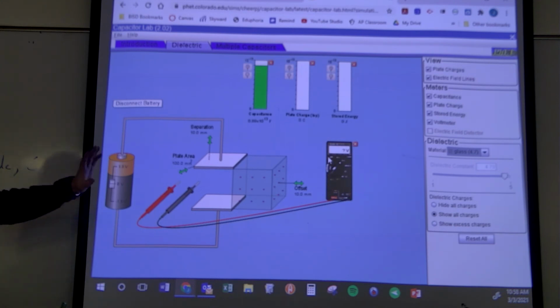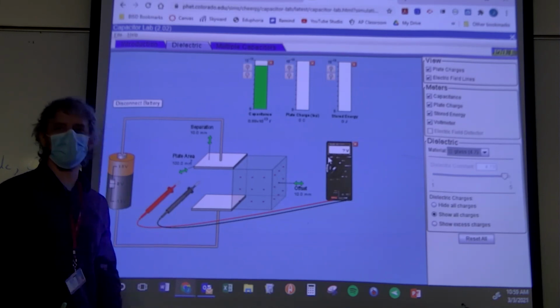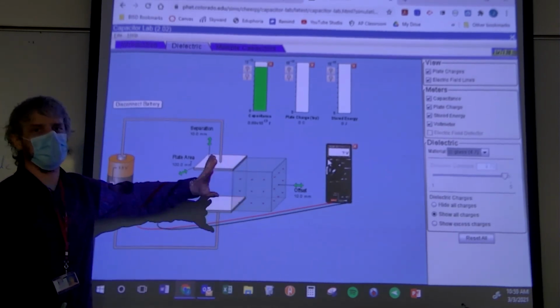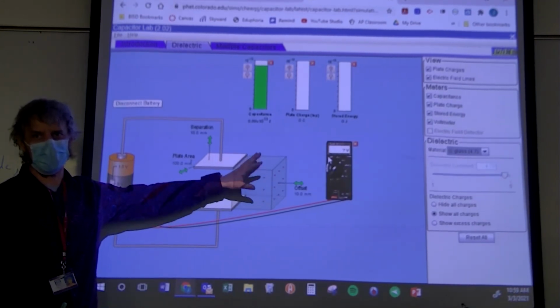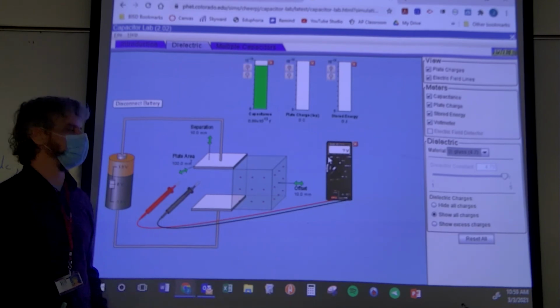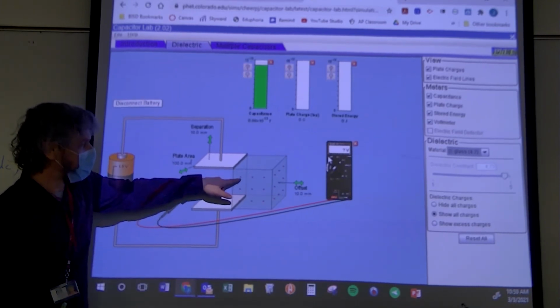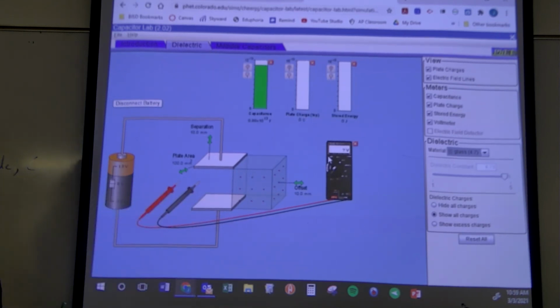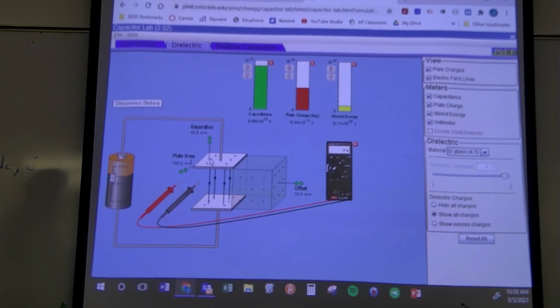And notice, you might not be able to see, go on Google and just Google PhET capacitor dielectric, and it'll pull this one up. It's not directly linked from their website anymore because they're converting to HTML or something. I don't know about computer stuff. But there's little positives and negatives superimposed on the little thing there. When I put a little charge on the capacitor, I get positive at the top, negative in the bottom, the electric field lines.